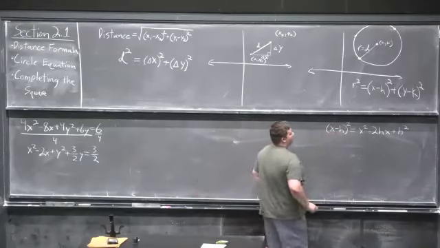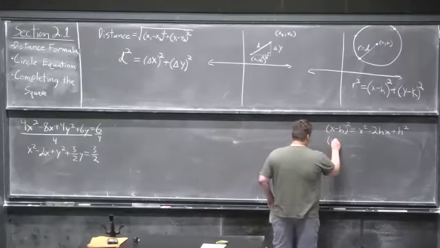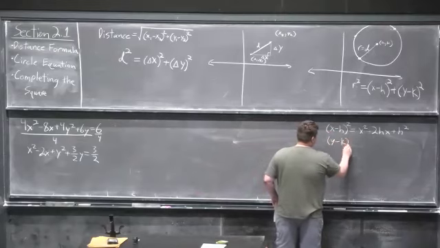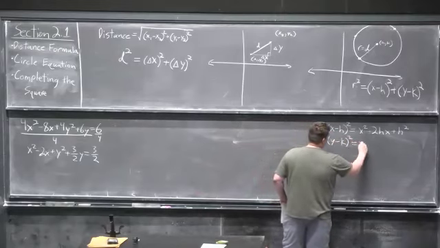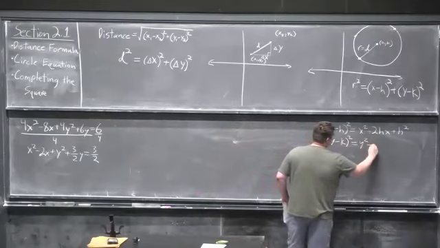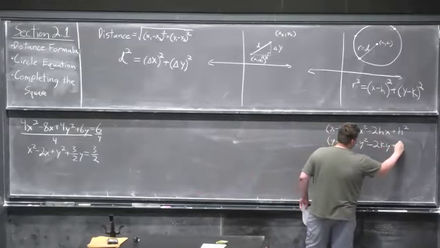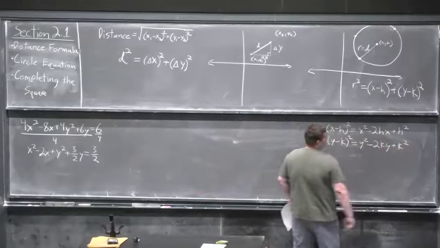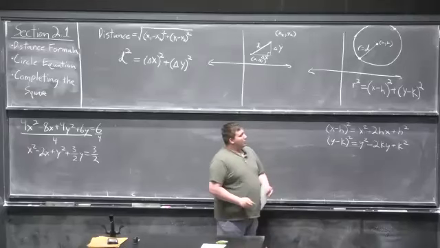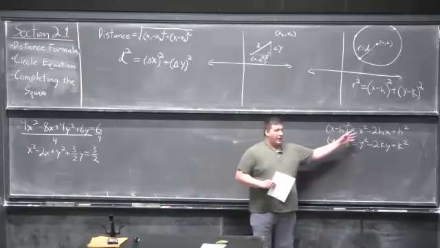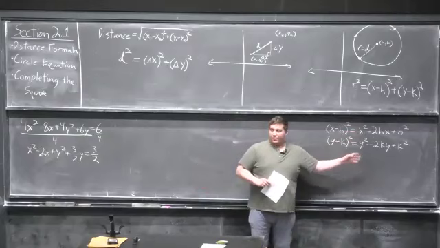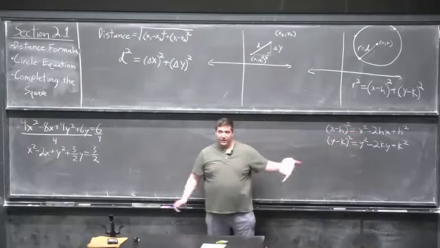And now let's write one for the y. Y minus k squared is equal to y squared minus 2ky plus k squared. So we now have sort of a roadmap to connect these two ideas.